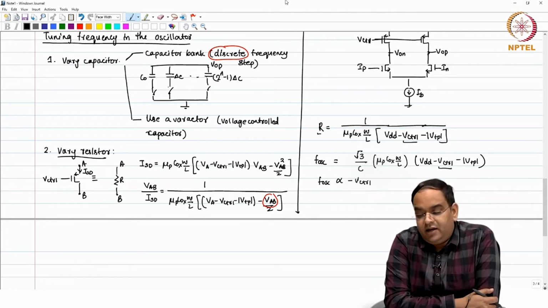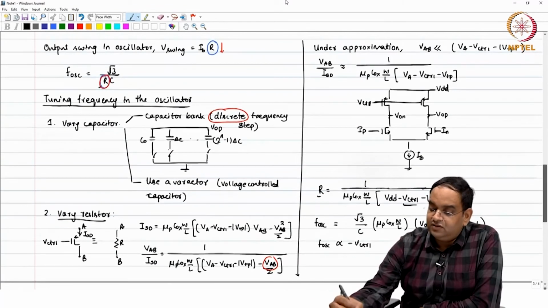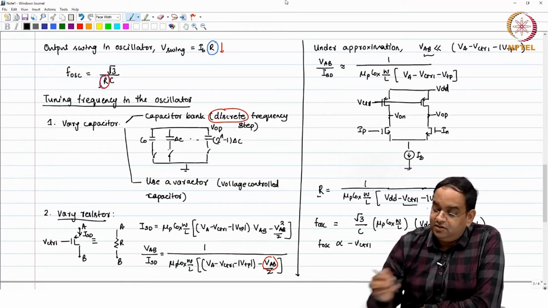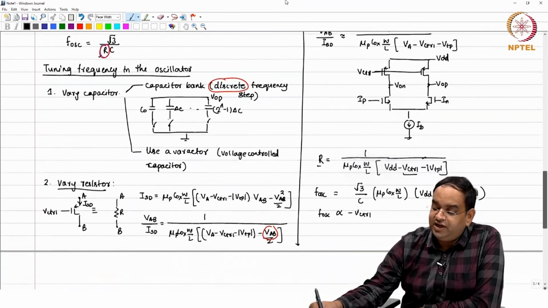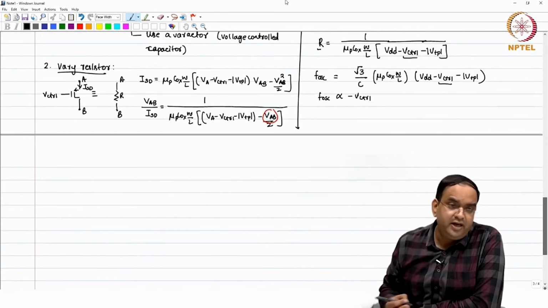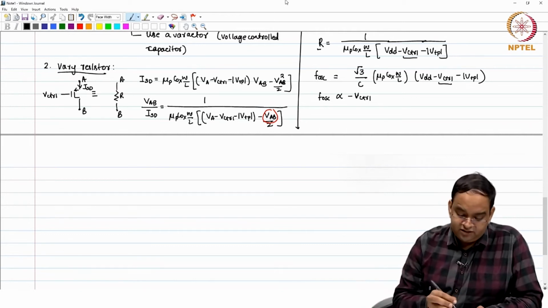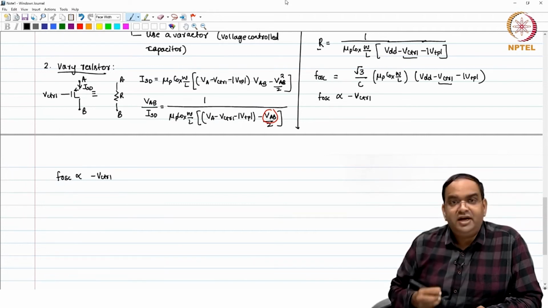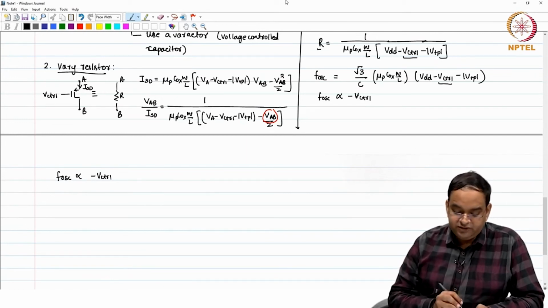And this approximation is valid only if you have a limit on the control voltage, so that you can use the transistor in linear region. So, now let us see what that limit is. First thing is F oscillator is proportional to minus V control. This is a good thing, that you can vary the control voltage and you can vary the output frequency.